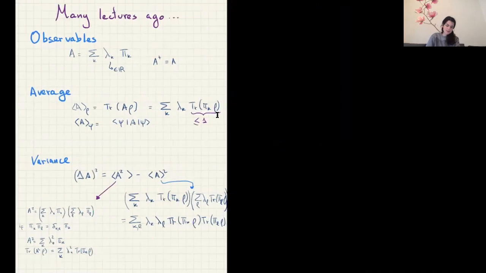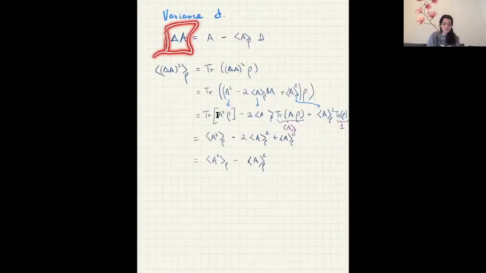Which makes sense because the variance is supposed to measure how much our distribution deviates from a perfectly peaked distribution around the average, which would be this thing here. Okay, good. So now we have this definition, and now we're going to do something with it.